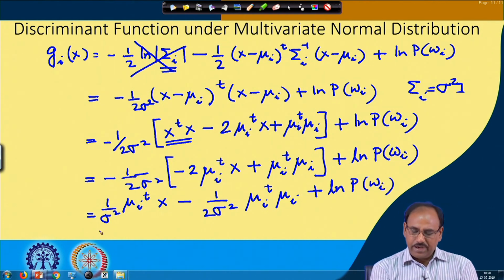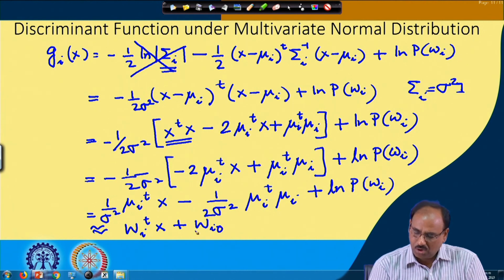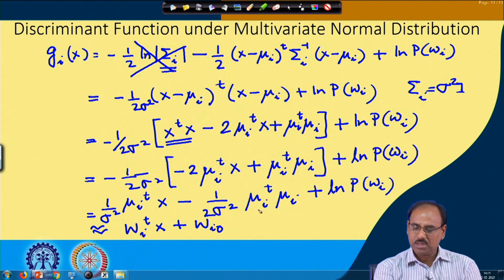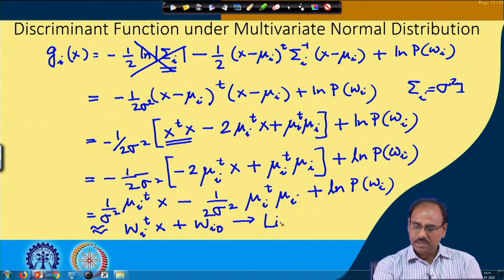which I can write in the form w_i^T x plus w_i0, where this w_i is nothing but 1 upon σ² μ_i, and w_i0 is minus 1 upon 2σ² μ_i^T μ_i plus log P(ω_i). So you find that the expression that you get is a linear expression.